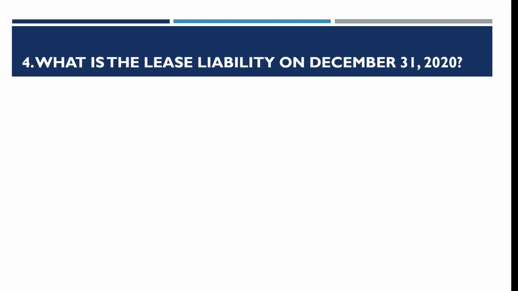Okay? Number 4. Tinatanong na tayo, how much is the lease liability as of December 31, 2020? So, i-apply na natin yung subsequent measurement principles ng lease liability natin. Paano nga ulit ang subsequent measurement? Effective interest method. Kailangan natin gumawa ng amortization schedule natin.